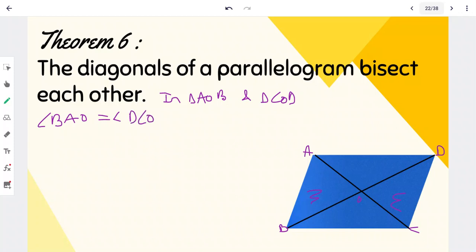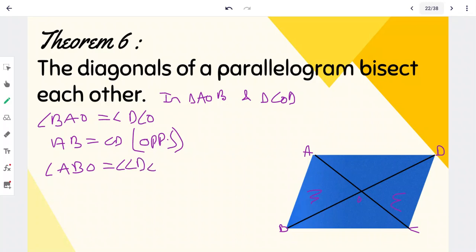We found it before, right? In the previous slide we found it. Then AB is equal to CD. Why? Because opposite sides are equal in a parallelogram. And finally, angle ABO is equal to angle CDO. Correct? That also we found out.